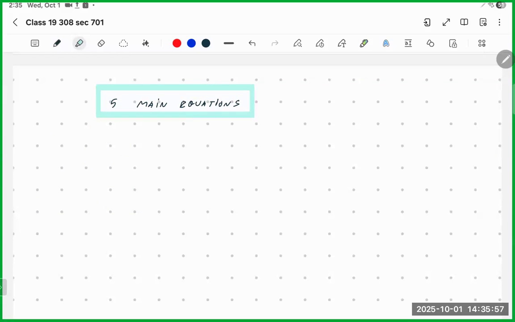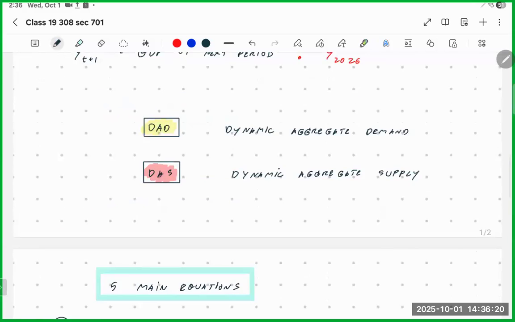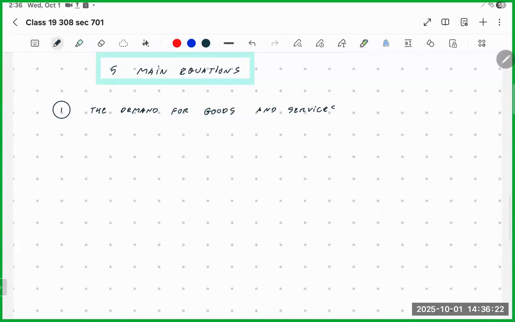Starting with equation number 1, it is the demand for goods and services.